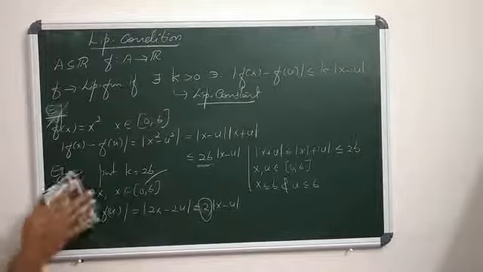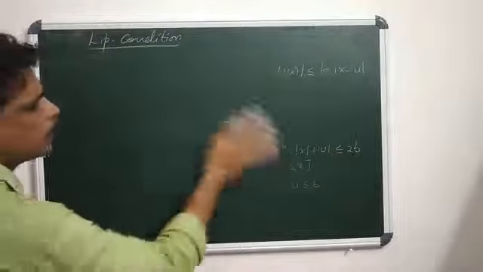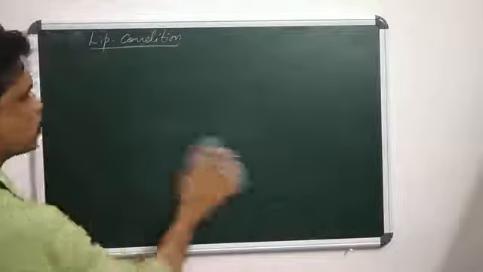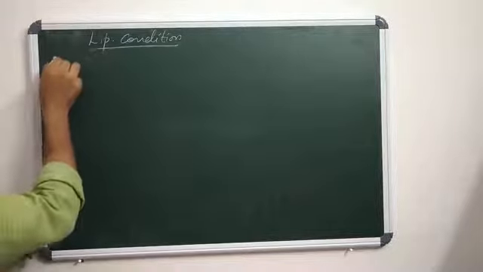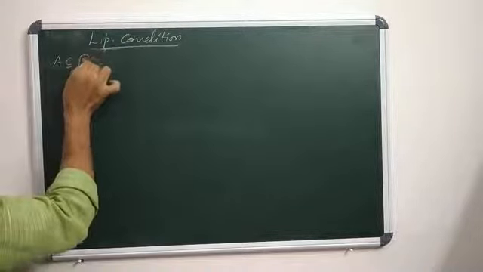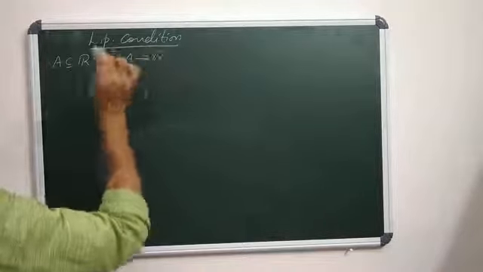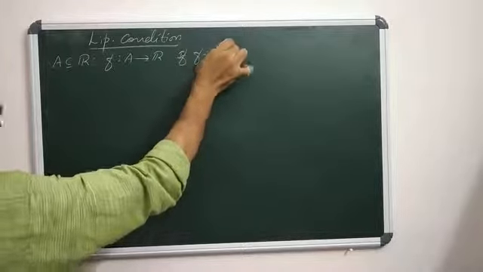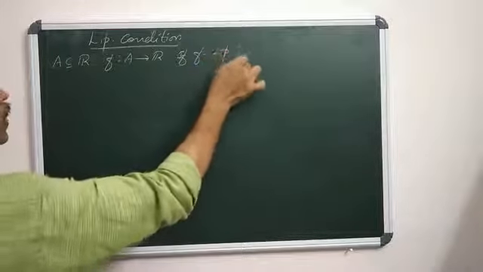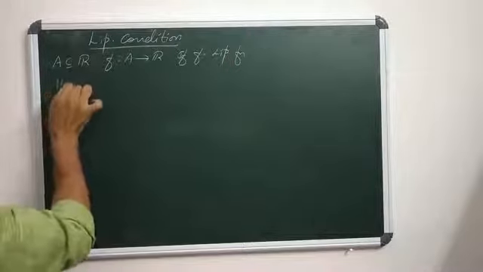Now, if a function satisfies the Lipschitz condition, then it should be uniformly continuous. If f is defined from A to R, where A is a subset of R, and f is a Lipschitz function, then f is uniformly continuous.